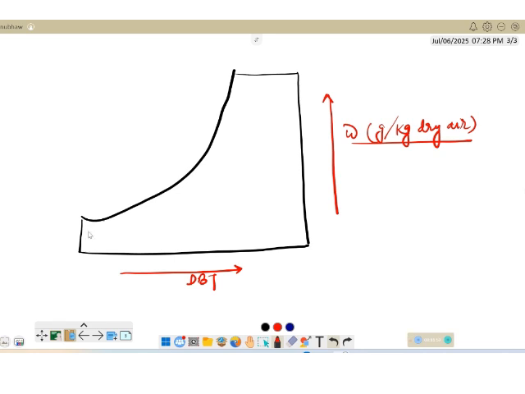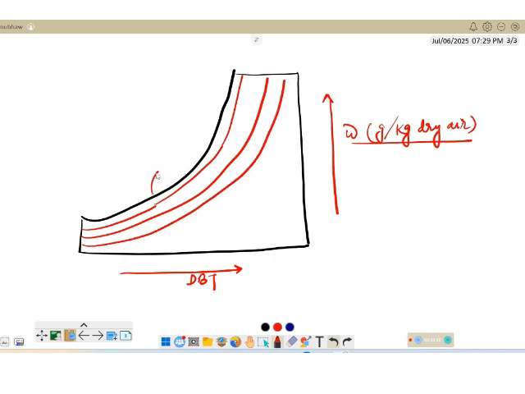Now, parallel to this curve, there is the 100% saturation line. This can be 90% RH, and this can be, so on, 80, 70, and so on. Now, the next comes the constant wet bulb temperature lines.